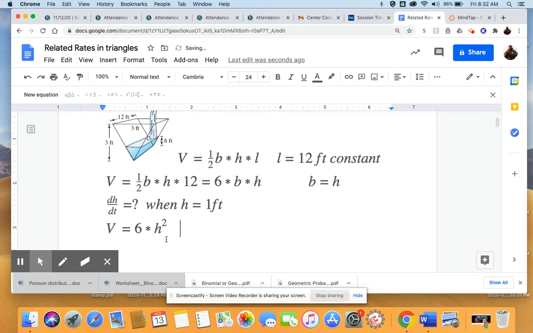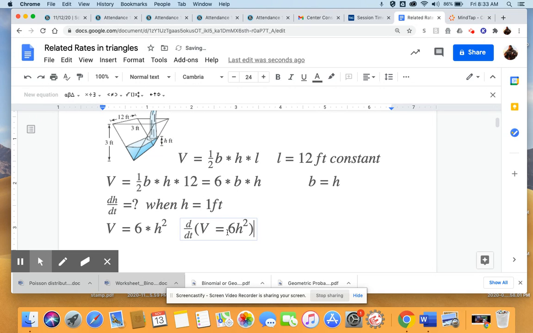Okay? Our next step, we are going to need to find the derivative of this. Volume equal to 6h squared.